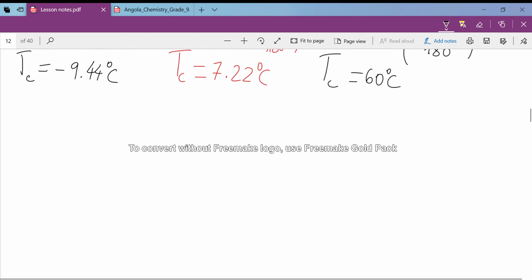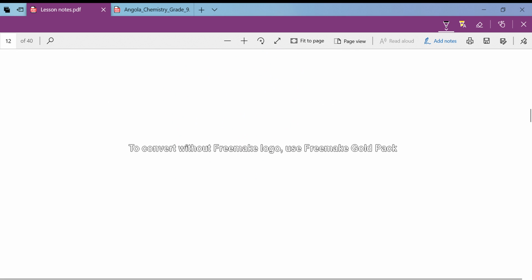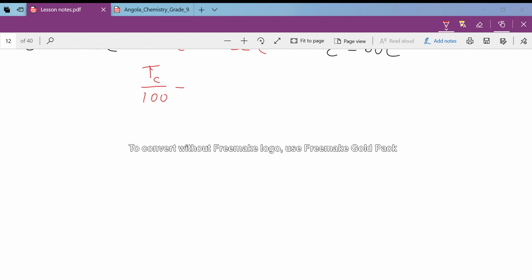What if we want to convert from degrees Celsius to degrees Fahrenheit? Okay, again, let's start with our initial formula, which was Tc over 100 equal to Tf minus 32 divided by 180. If we want to find Tf, it means we have to isolate Tf in our formula. And how do we go about doing that?